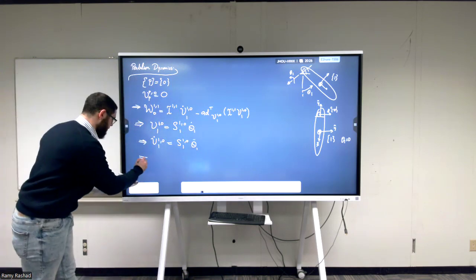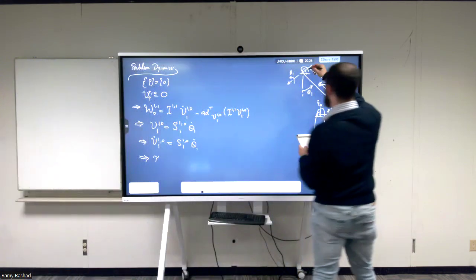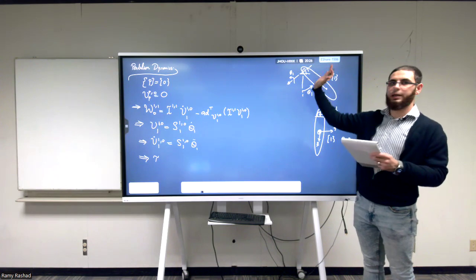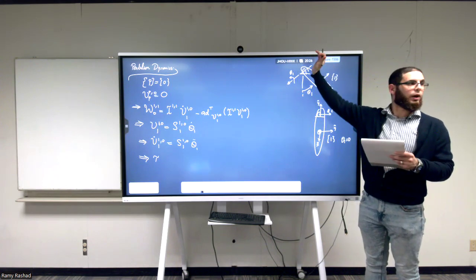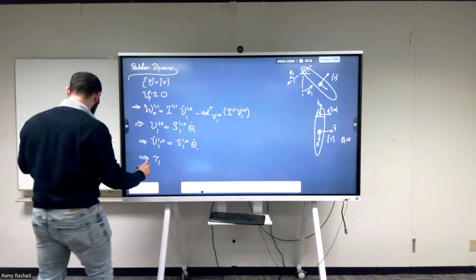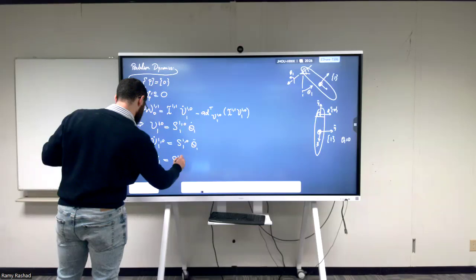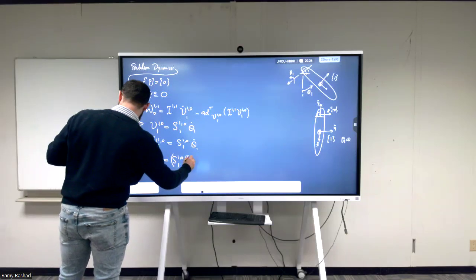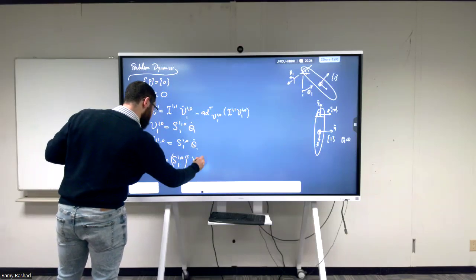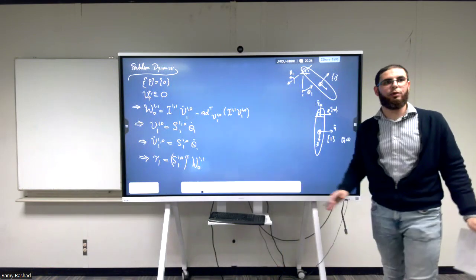What about the torque? The torque that's applied on this pendulum, there's a motor here that supplies some torque that makes it move. So there's an actuation here. We have tau 1 equal to S1 1 0 transpose multiplied by the wrench 1 1. So these are all of the equations that we have.